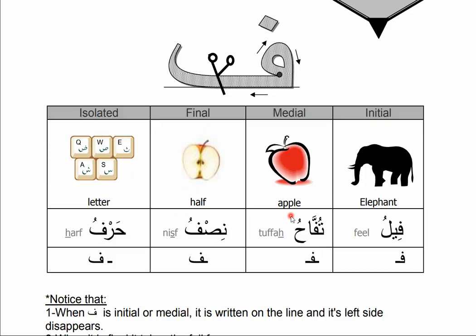So let's see the fa. How are you going to write the fa and the writing rules? As you can see, fa, when it comes initially, usually when you write in the joining handwriting, you need to cut the tail of the fa, just like we did in ba, ta, tha, noon, ya. It is the same.